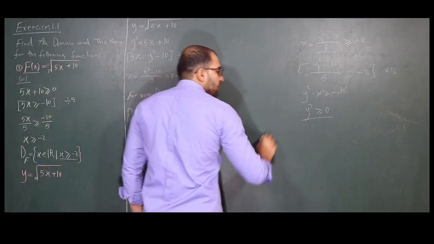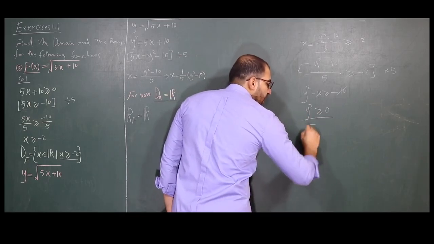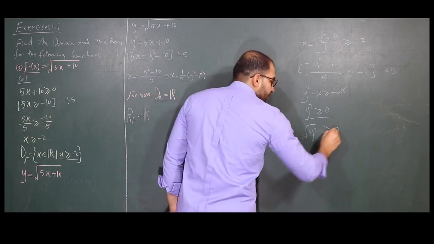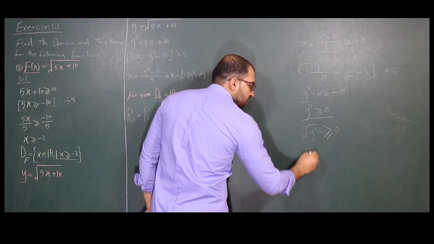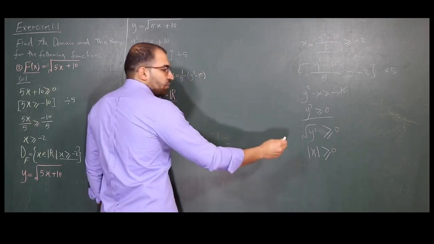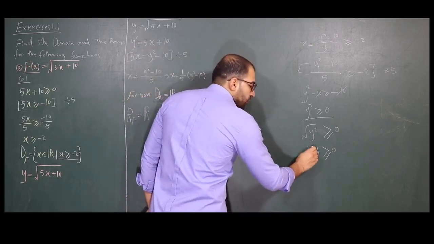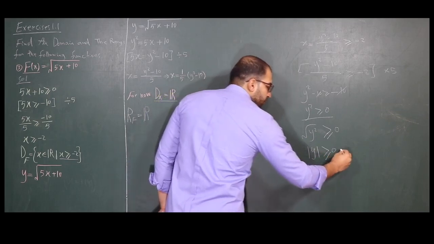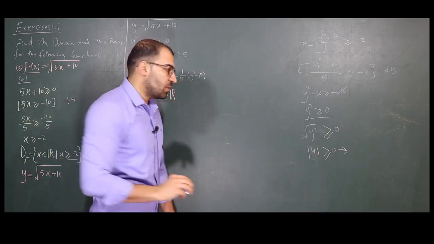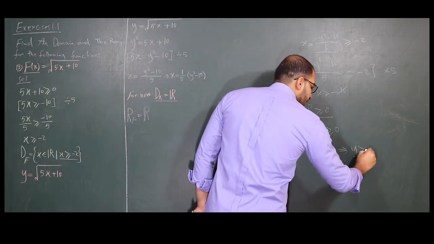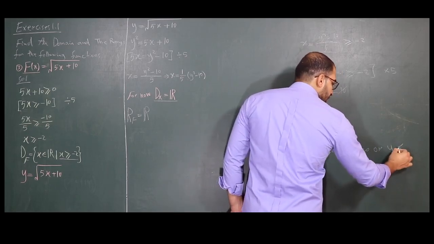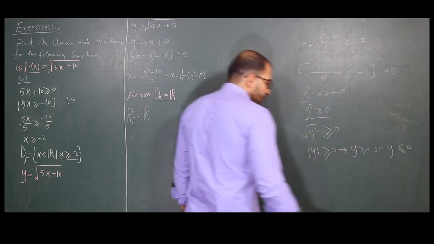And if we square both sides, I'm going to find the result will be greater than or equal to 0. And from the notations, if we have the absolute value of y greater than or equal to 0, the result will be, from the properties of the absolute value, y is greater than or equal to 0, or y is less than or equal to 0.